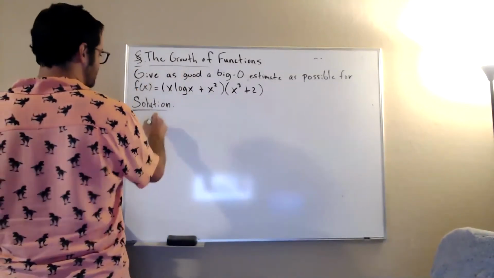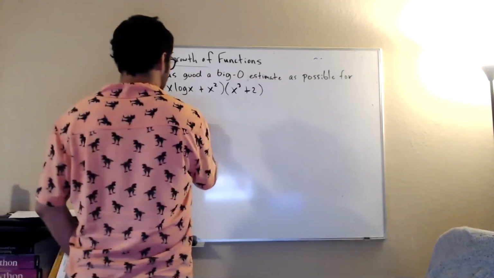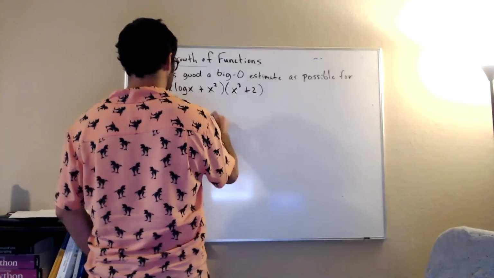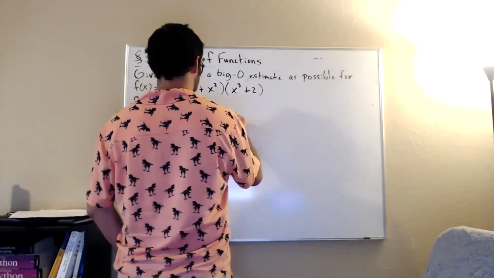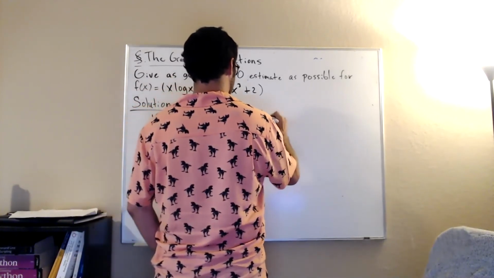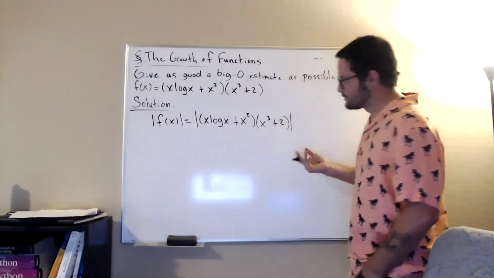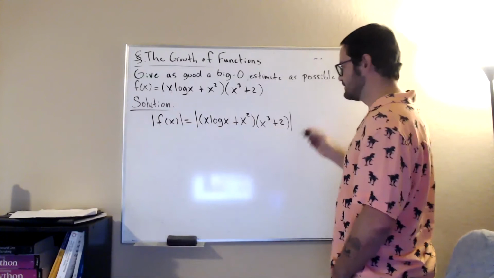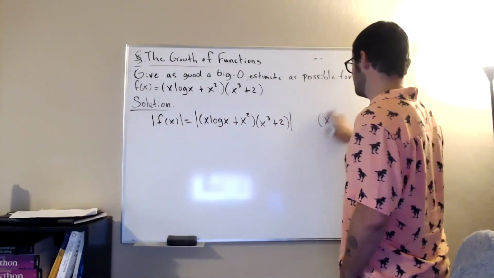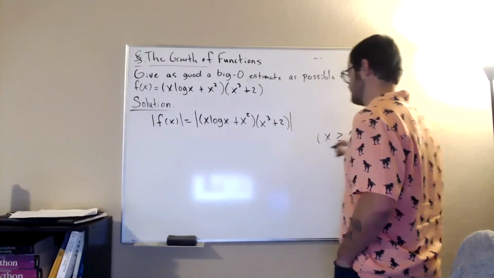Again, to do this, you always start by just considering the absolute value of the function, right? And you want to ensure that this is positive in here, and one way to do that, in this case, is just make sure that x is greater than or equal to 1, and you can drop the absolute value function.